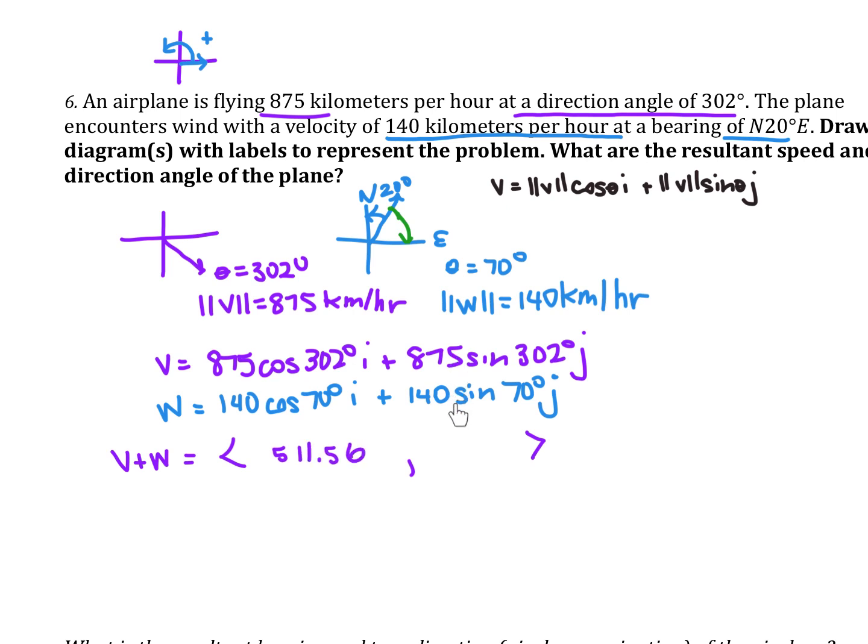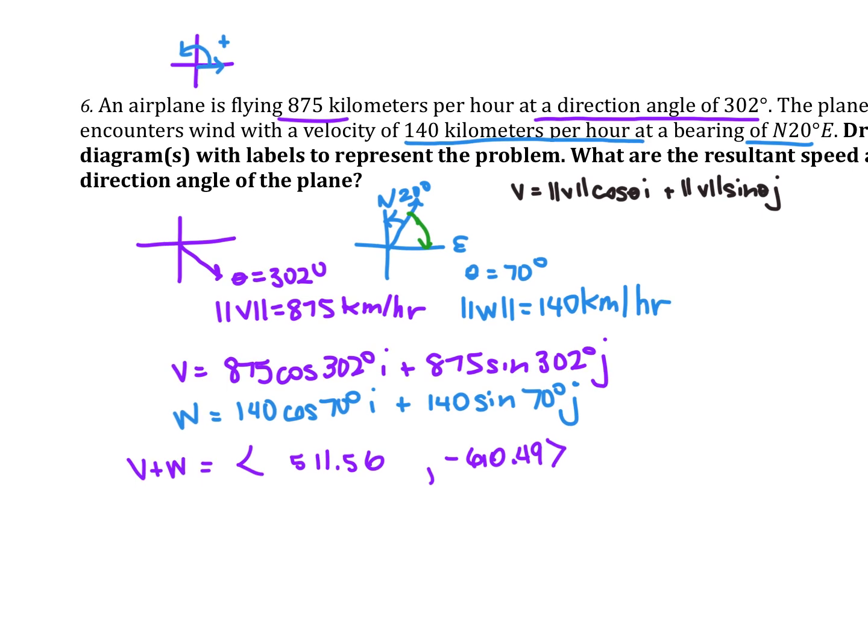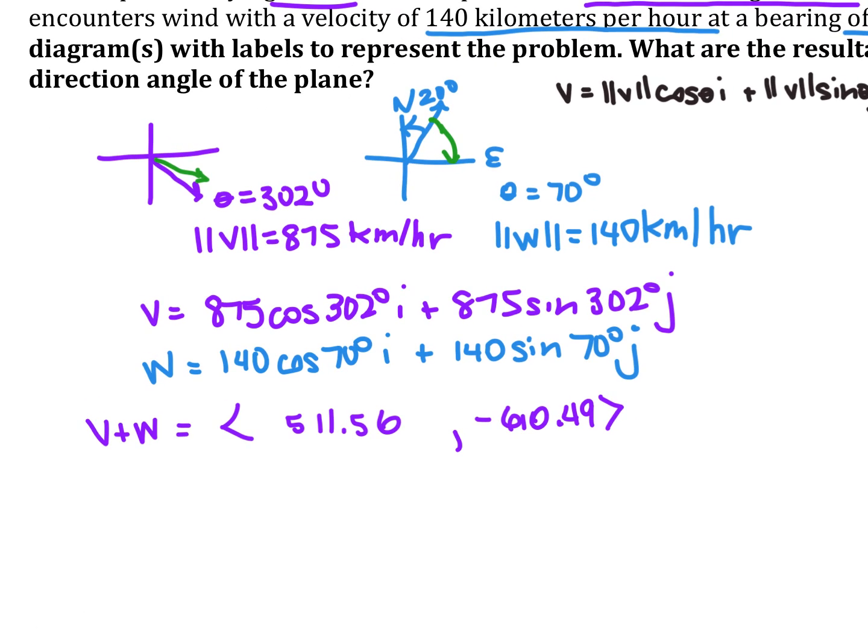If I add my vertical components, my sines, that would be negative 610.49. Just as a reminder, this tells us our resultant vector is still in quadrant 4, so 511.56 and negative 610.49. That's something to keep in mind when we're talking about the direction angle of the plane.